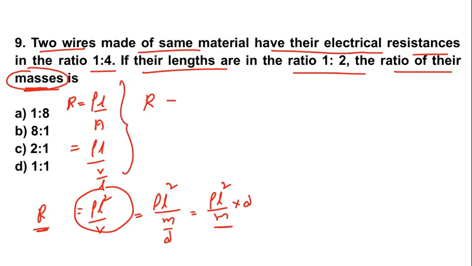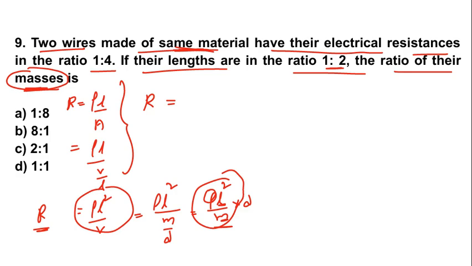R equals to this, and the same material is given, so rho will not change here, so it will be constant, and density remains constant. Length will change, and mass also changes. If I write resistivity also, it will cancel, that is why I am not writing it.